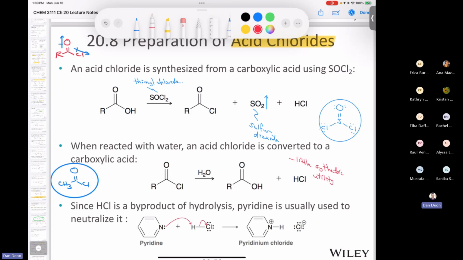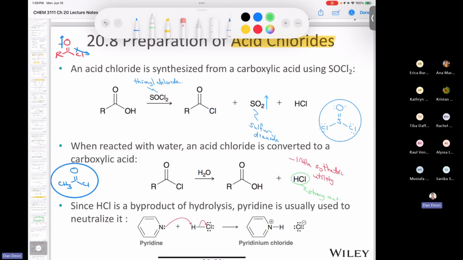However, when we use an alcohol instead of water, we don't just use the alcohol to add to the acid chloride. In fact, we add pyridine to the reaction mixture. The reason is that when you do these reactions, you end up producing HCl, which is a strong acid.